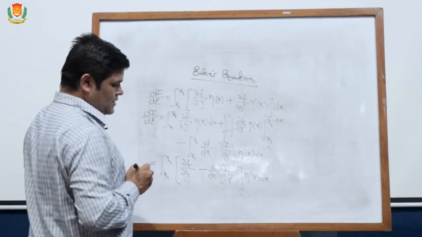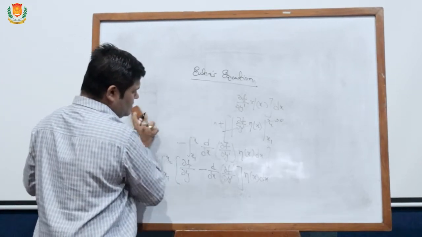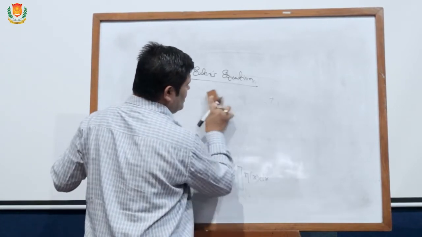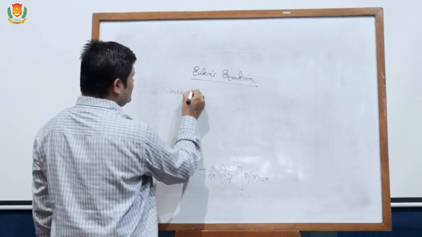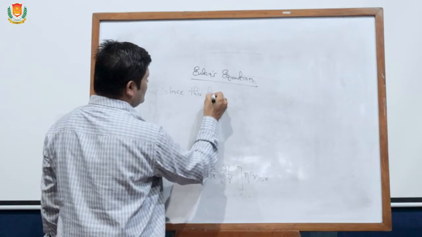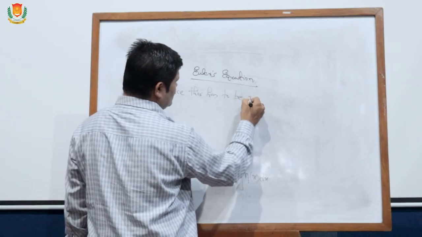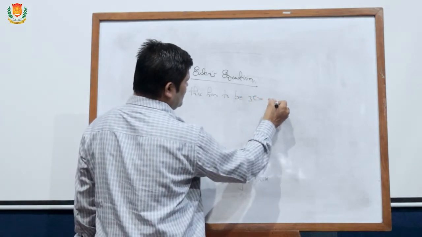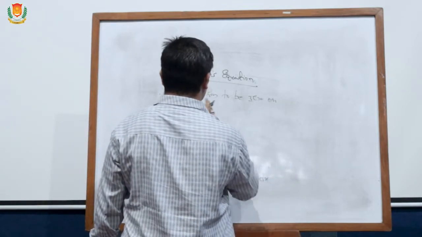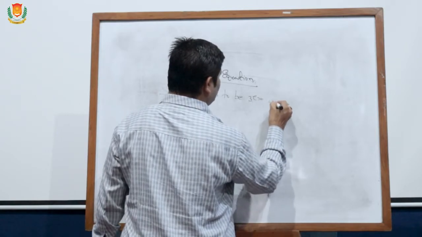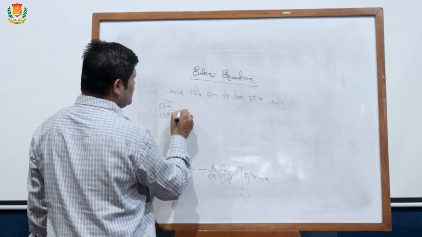Okay, students. Now what do we have? I am removing this one. After that, since only this integration has to be 0, dI upon d epsilon equals 0.